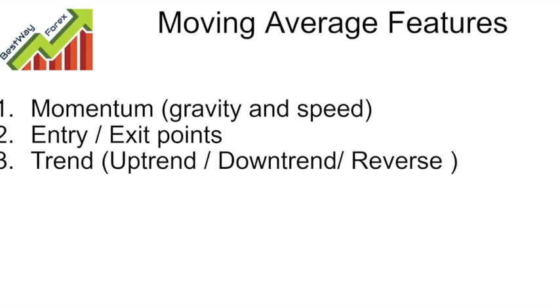When you look at a new chart and ask what the trend is, always remember these three things: uptrend, downtrend, and reversal. And that is where the moving average shows you the trend very powerfully.